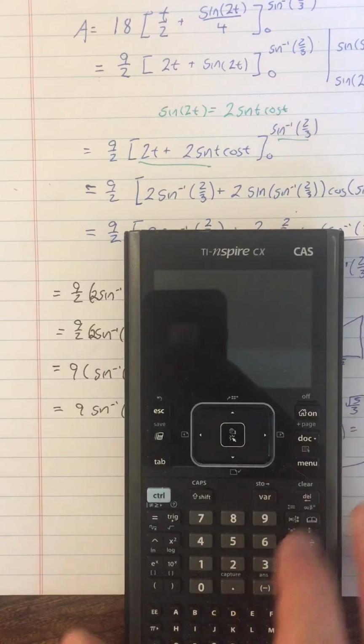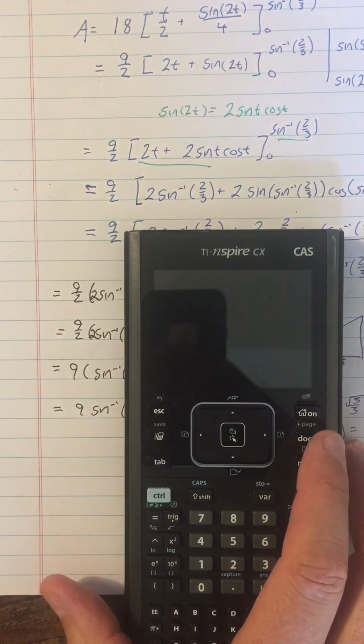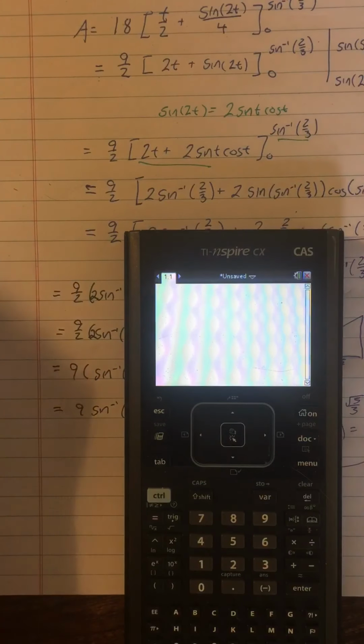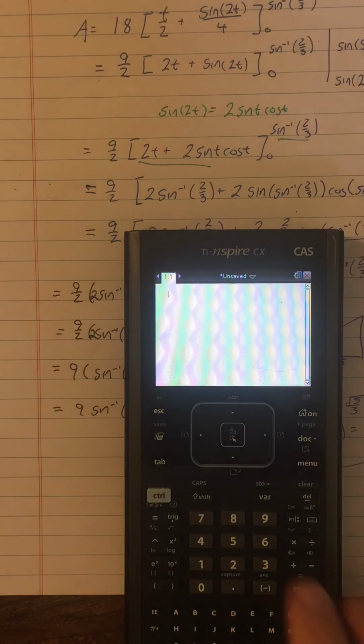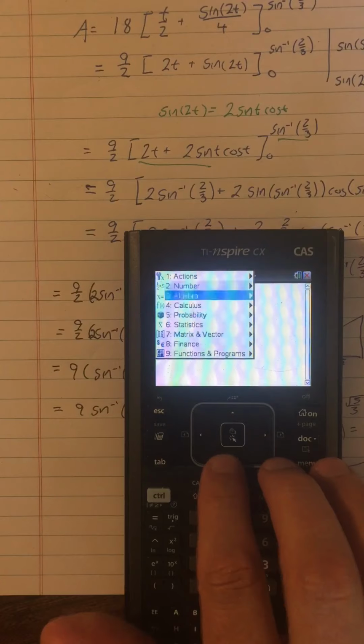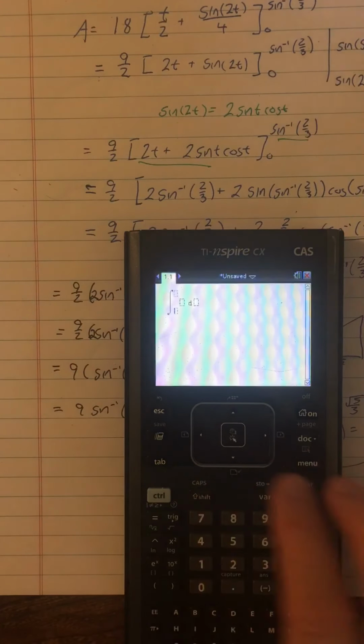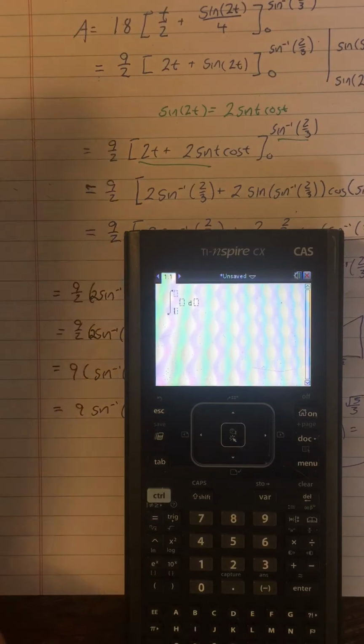And then if we want to, we can look on a calculator that can do this sort of thing. Let's go back to our original integral, all the way back to the beginning. So we're going to go menu, calculus, integral. This is where we started.